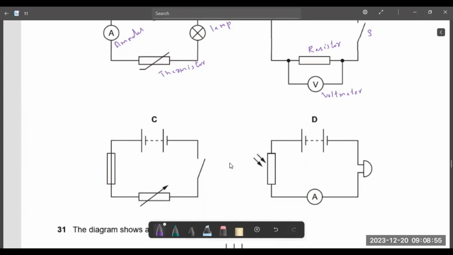Again here a switch and a cell are there. So this is the symbol for a fuse. This is a potentiometer or variable resistor. This is actually an LDR. LDR, ammeter, speaker, cell are there. So the right choice is C. C has the fuse. This is the symbol for a fuse.